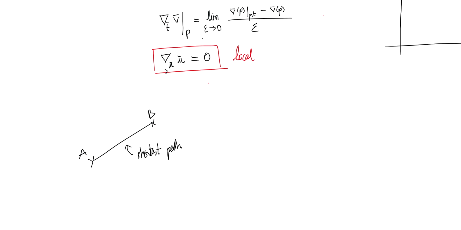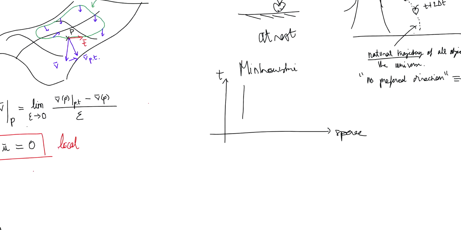In Minkowski spacetime, a straight line is the longest path through spacetime, and this results from the geometry of spacetime, which we read in the metric. So any other world line will be a shorter path, but the straight line is the extremal proper time world line.